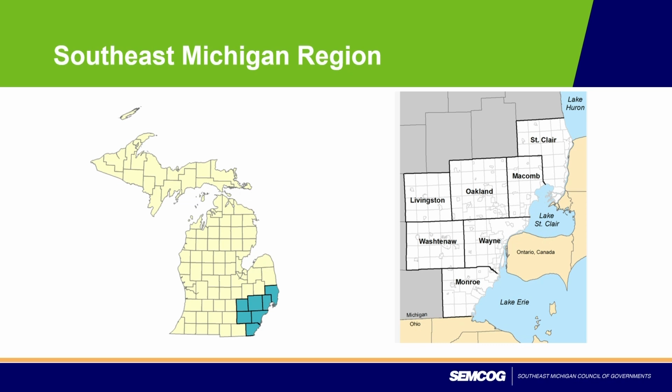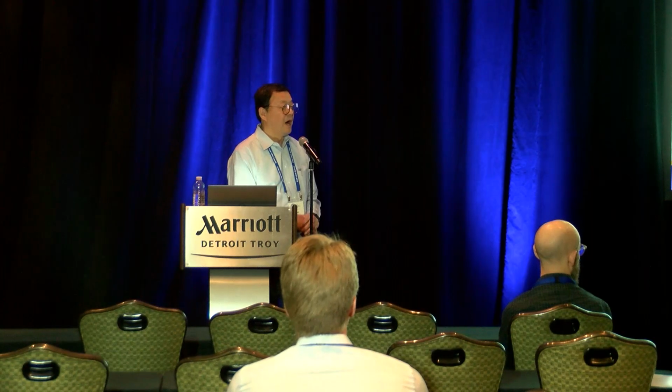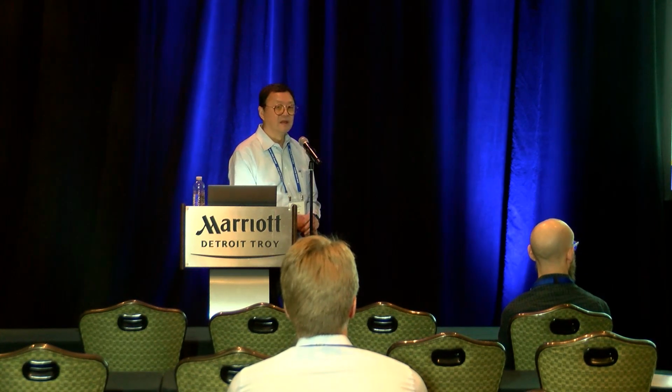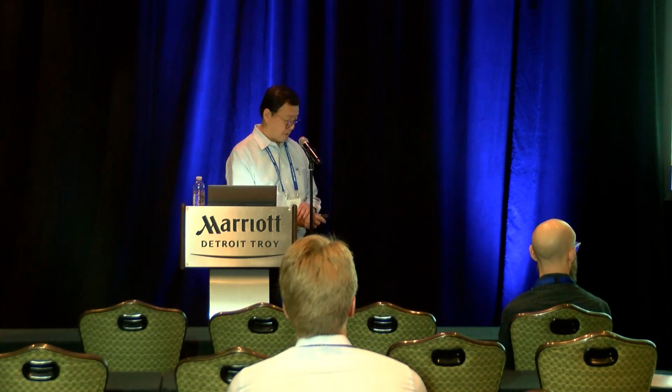The City of Detroit is the largest city in the region, but it also includes cities like Ann Arbor, Dearborn, Warren, Pontiac, Port Huron, Monroe City, and Brighton City in each one of those 7 counties. Half of the state of Michigan's 10 million residents are working and living in this part of the region.